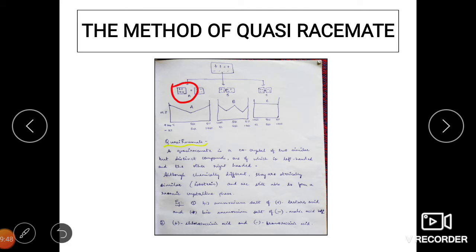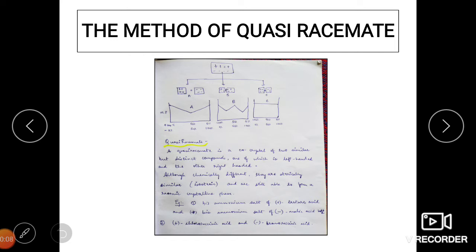It will have only one kind in the crystal, either completely the plus form or the minus enantiomer. And when you look at the melting point, you can easily make out that an elongated V represents the melting point of the conglomerate.